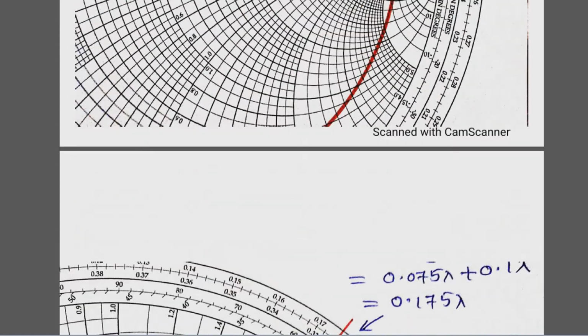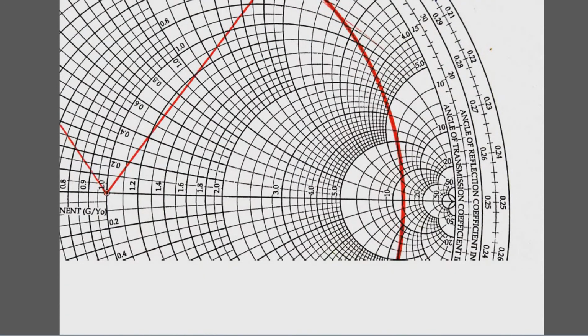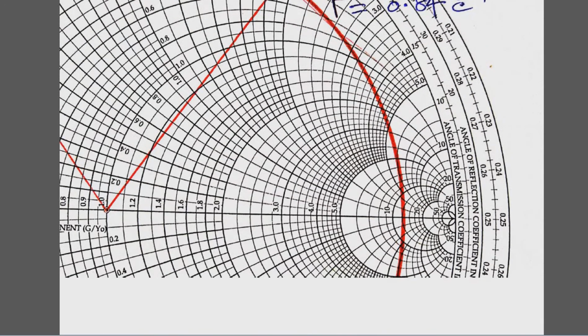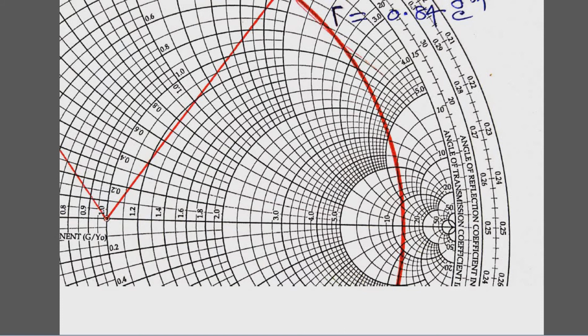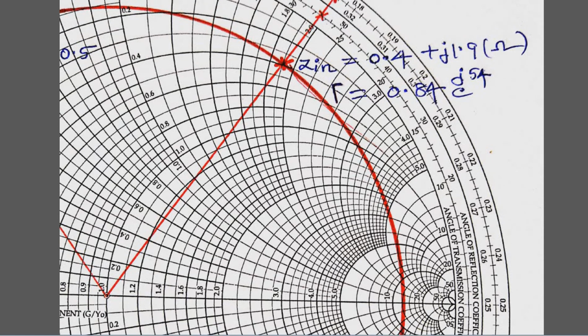With these few parameters we observed. So in this way we can calculate so many parameters about a transmission line. What are the parameters given? Lambda is given, Z0 is given, ZL is given. From that we went through normalization. Then we drew a VSWR circle, and that tangent was extended onto the scale.